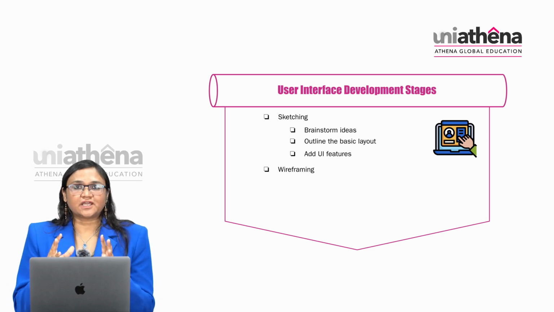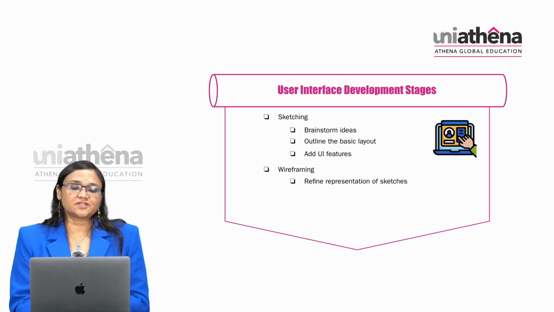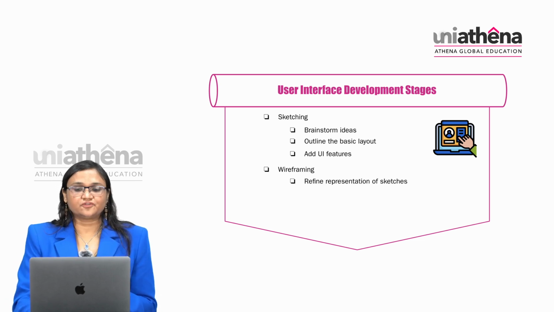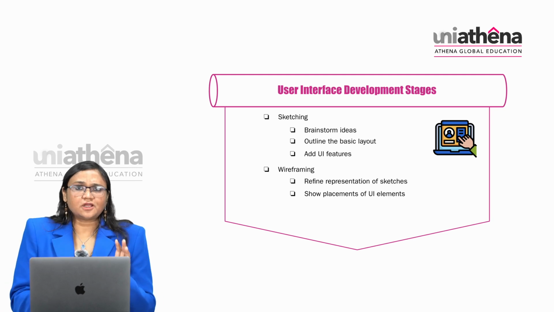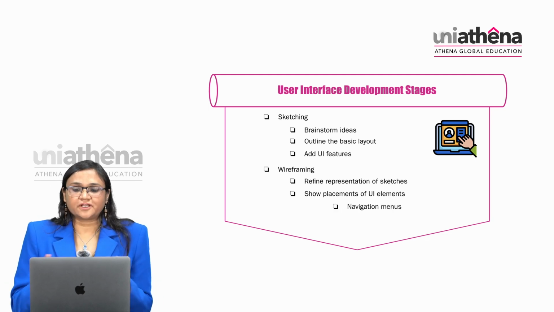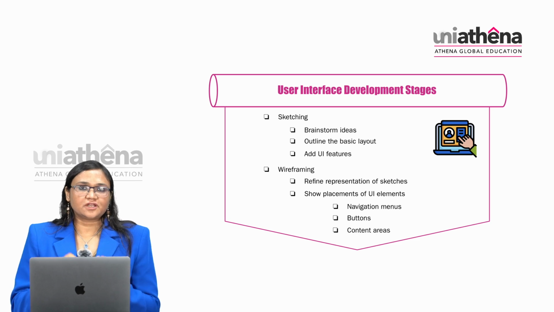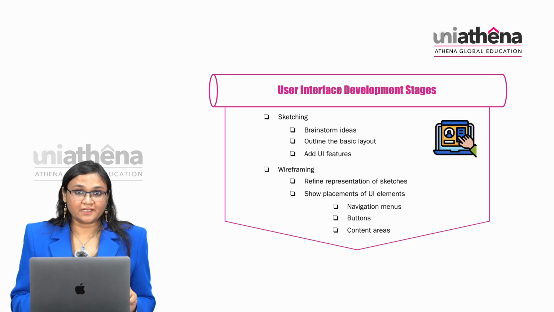Once your sketch is ready and finalized, you create a wireframe. Usually wireframes are digital representations of your sketches. They are more colorful and more realistic, and they give you the UI elements. For example, you could present the navigation menu, you could have buttons pasted there, and you can have content areas highlighted.